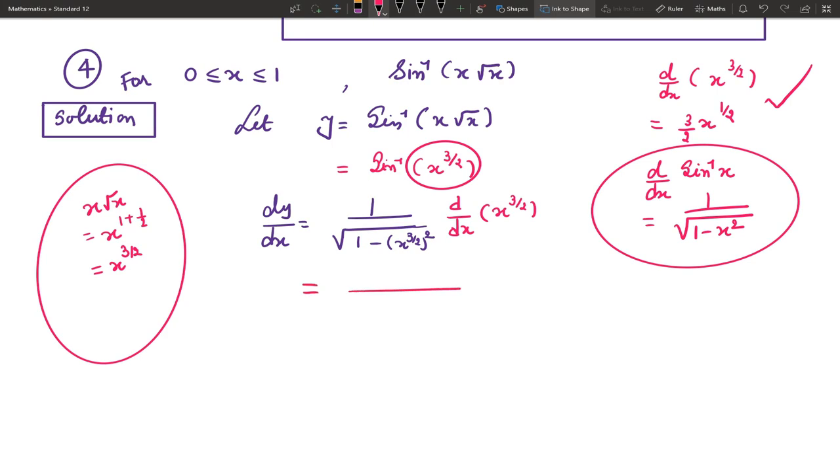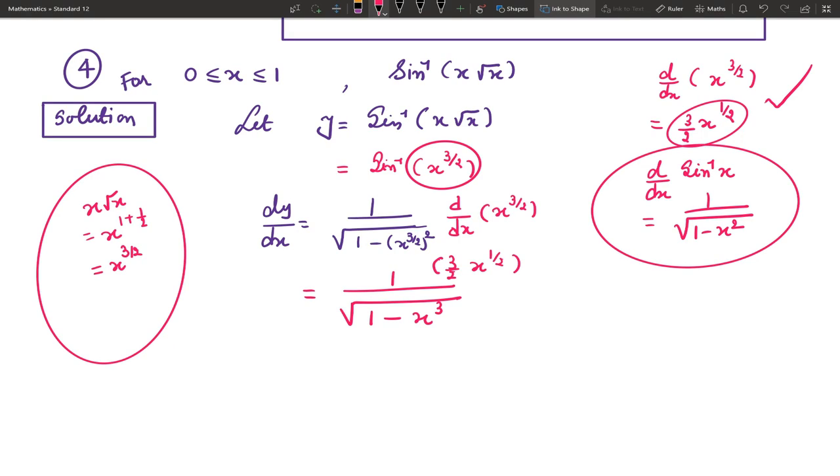So now simplification is, this is 1 upon under root 1 minus, this is x cube, and d by dx of x raised to 3 by 2. So this is 3 by 2 x raised to 1 half.